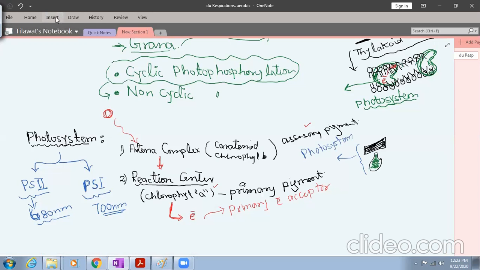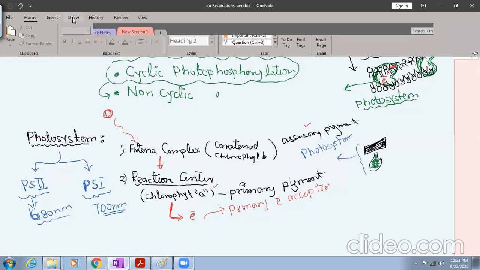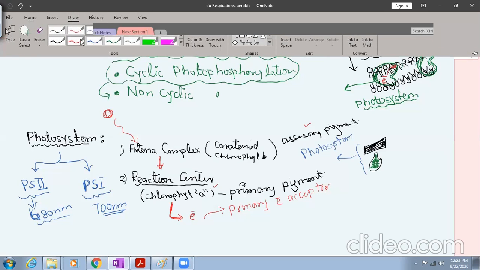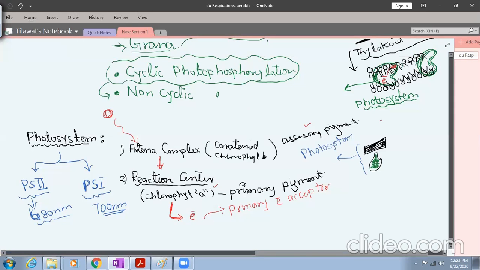Now, sunlight will be absorbed by whom? By the antenna complex. Sunlight will fall on this antenna complex.